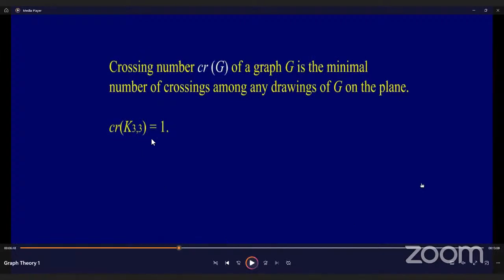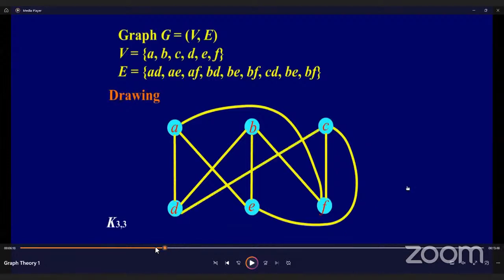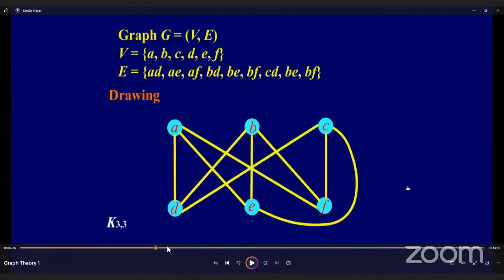So what is the crossing number? The crossing number, with the notation CR, of a graph G is the minimal number of crossings among any drawings of G on the plane. So here we have this drawing, which is different from this drawing and different from this drawing.